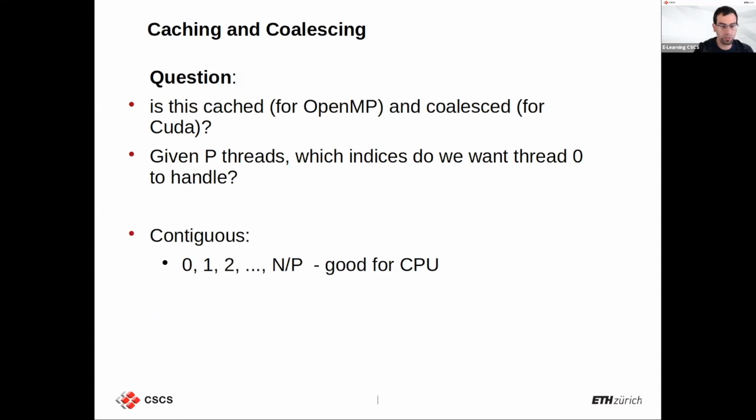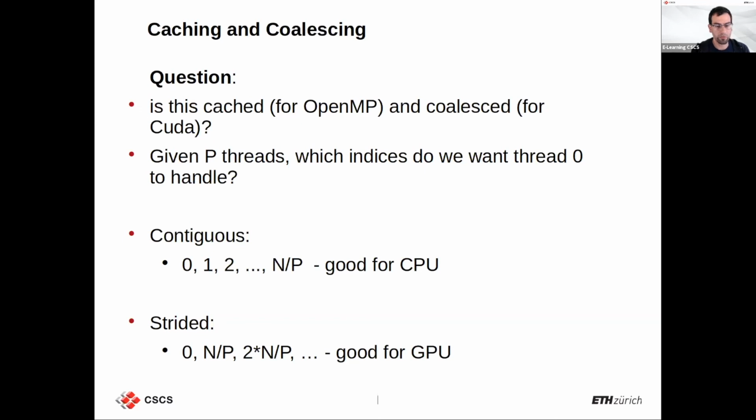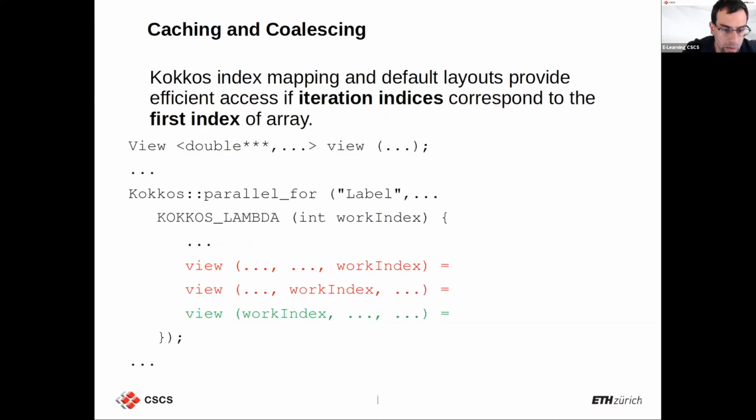We want to cache on CPU, so the index range I mentioned before, as we'll show in Kokkos, must be contiguous on CPUs, while it must be strided for GPU. So we have to have this different behavior of the indexes in order to have cached threads on CPUs and coalesced on the GPU.